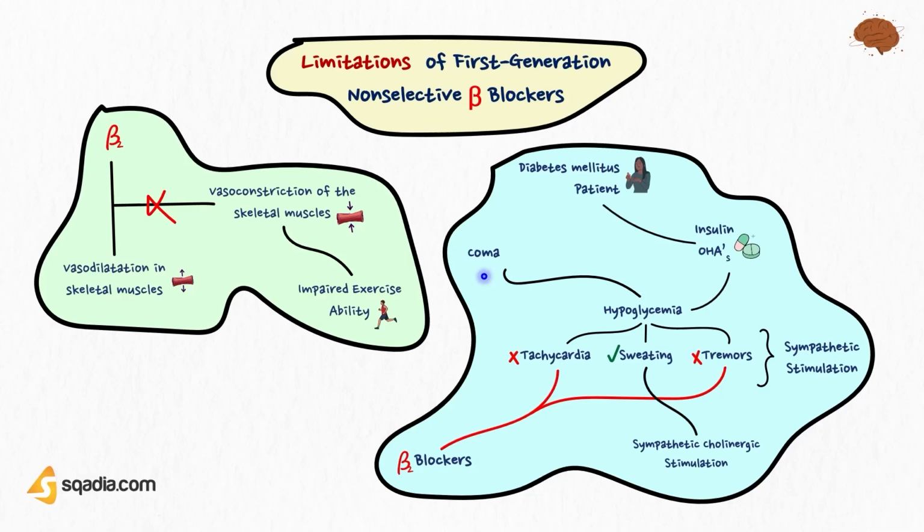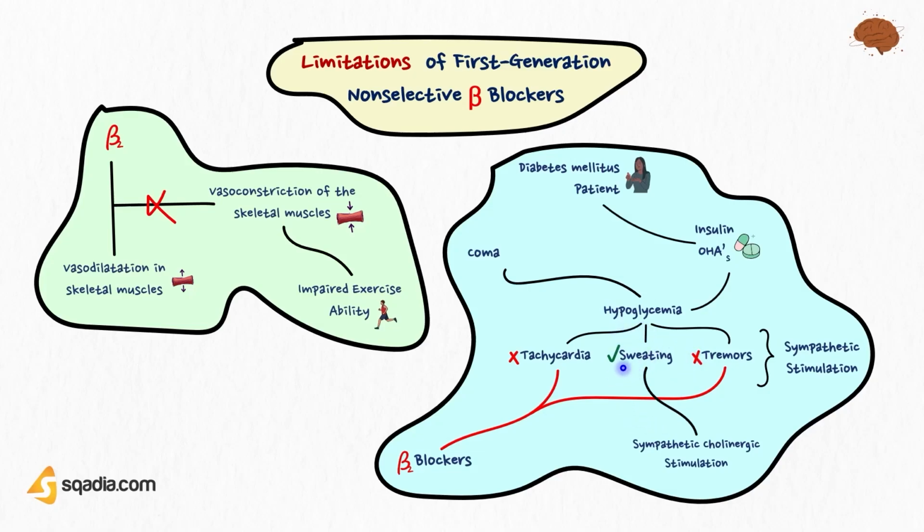So the patient might not know that he's in hypoglycemia, or the doctor might not know, and the hypoglycemia may propagate into coma. I repeat, let's suppose a patient of diabetes mellitus is taking beta blockers. If somehow he lands up in the hypoglycemia state, tachycardia and tremor don't happen because the blockers block the sympathetic stimulation. If tachycardia and tremors are not happening, the patient might land up in coma because he will not take the glucose.